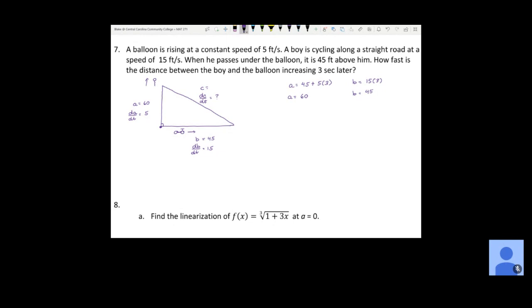So what are we going to have to use to figure that out now? Pythagorean theorem. Good. All right, so we're going to use our Pythagorean theorem. A squared plus B squared equals C squared, since we have a right triangle this time. What are we going to do with our Pythagorean theorem now?